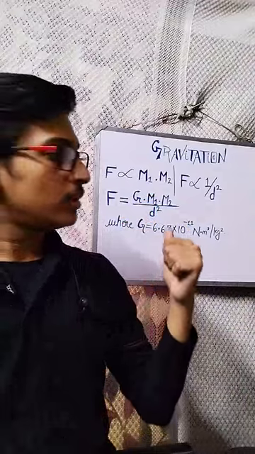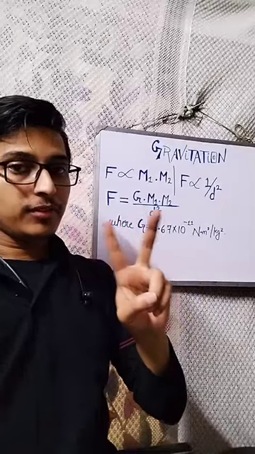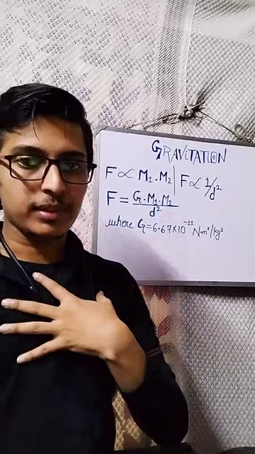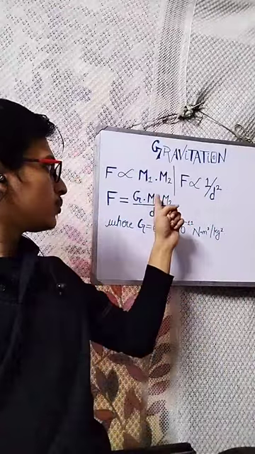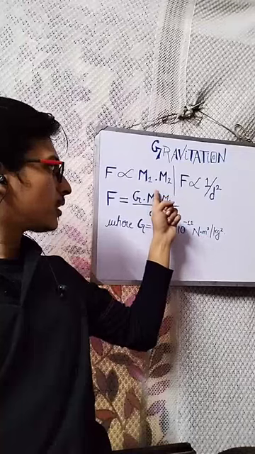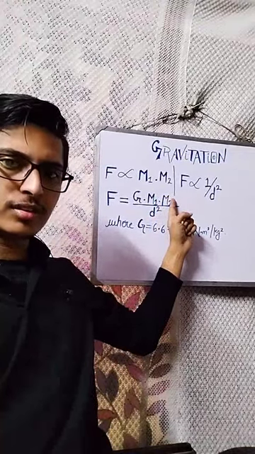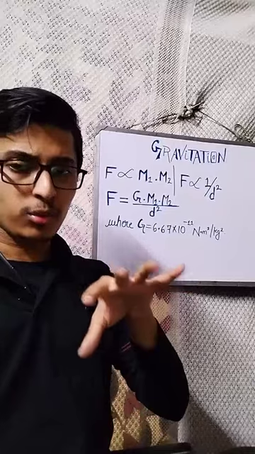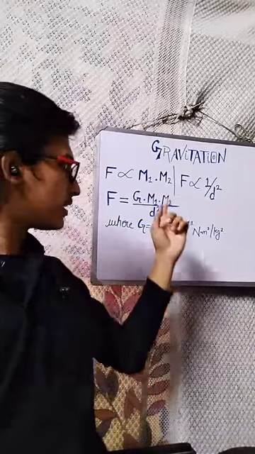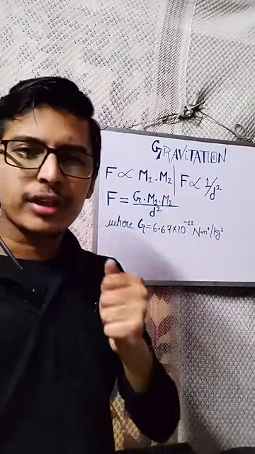So this value is a very small value, students, and that is why if you have two objects, for example if you take my weight or any other person's weight and put it here, for an average let it be 60 kgs and this one let it be 50 kgs, right? Both of the masses. If you calculate the value by putting our daily life objects' weight in this formula, you can see the answer that comes up is very small.